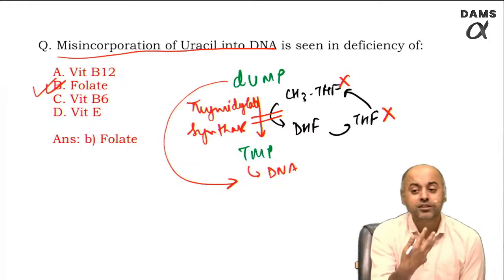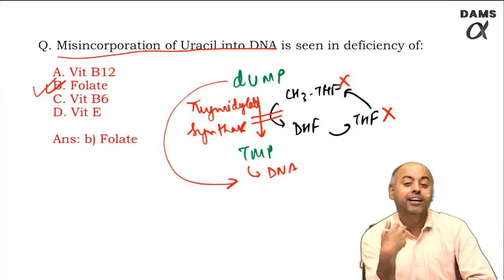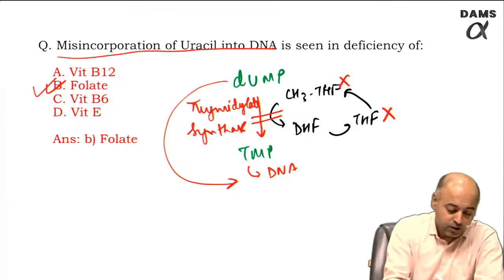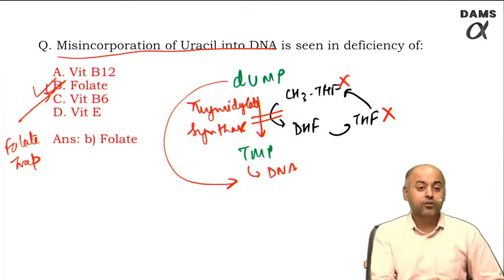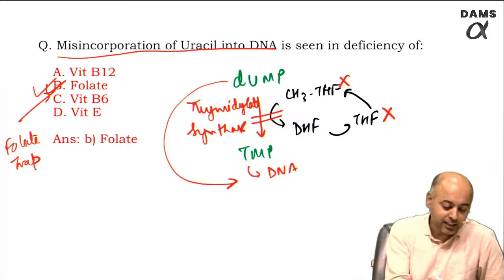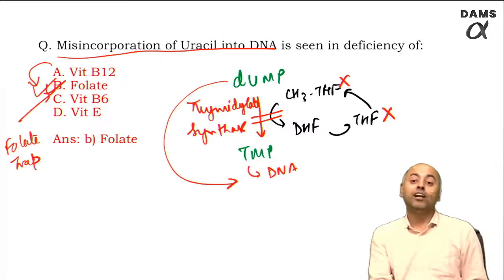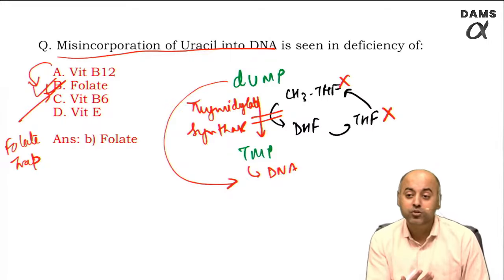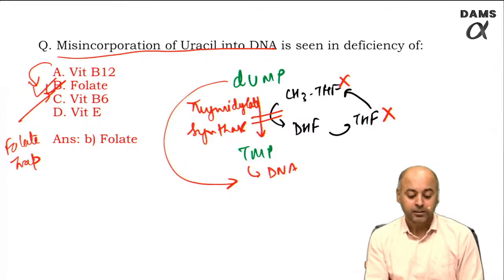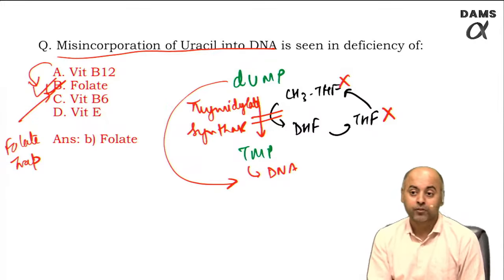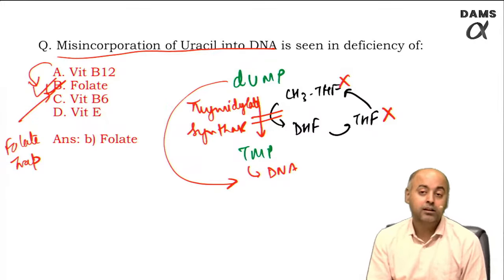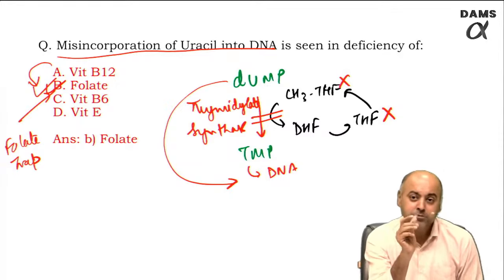And this folate deficiency can be actual or it can be functional. Functional means you see folate deficiency in case of folate trap also. So if the folate part is not mentioned, then the vitamin B12 will cause a folate trap. So functional folate deficiency will be there, and then again you can see the misincorporation of uracil into the DNA. Okay, so remember this point, that the exact mechanism is folate deficiency.